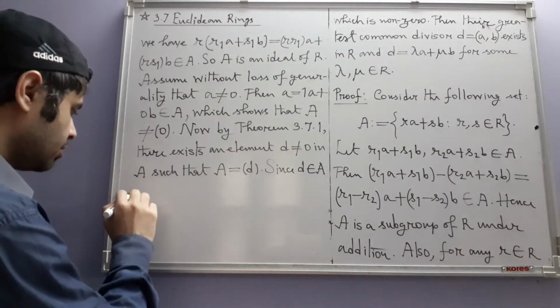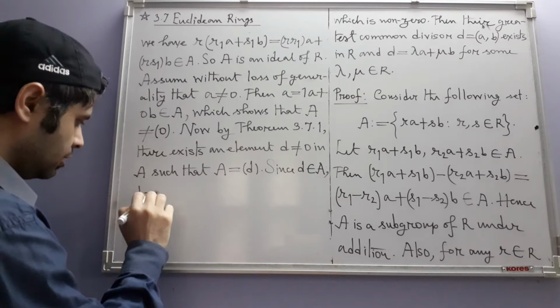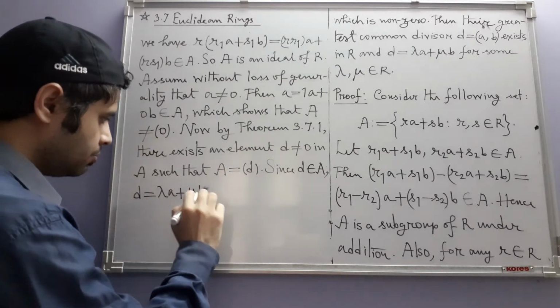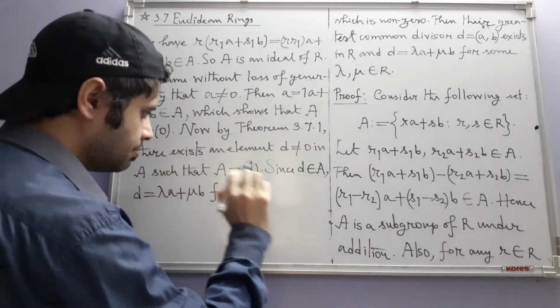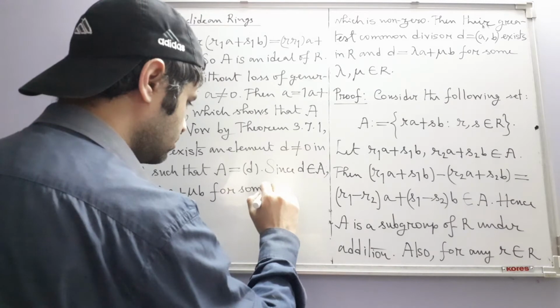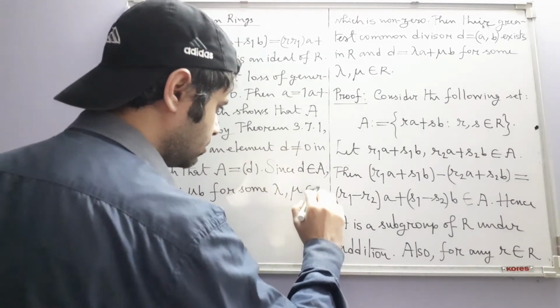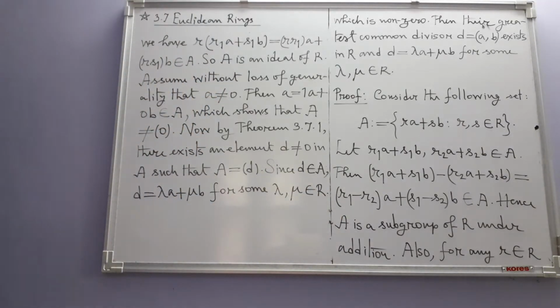Since D belongs to A, D is equal to lambda A plus mu B for some lambda and mu belonging to R.